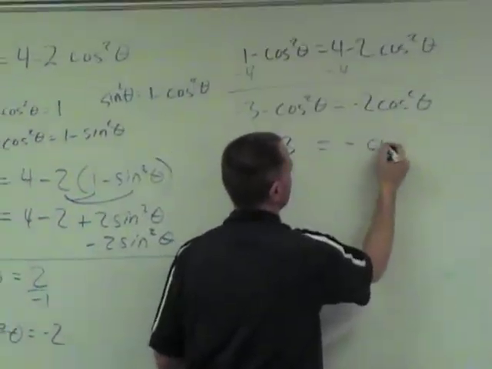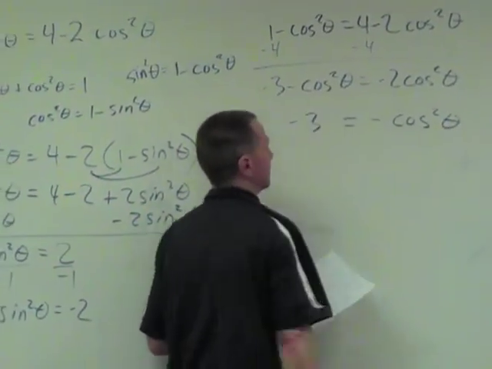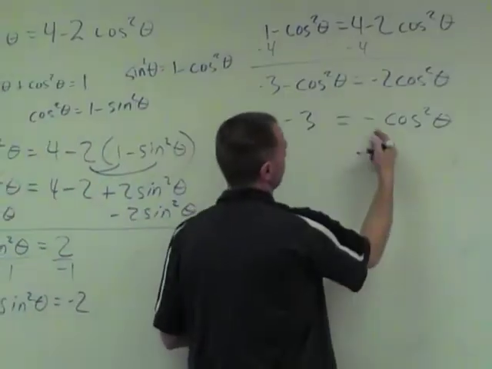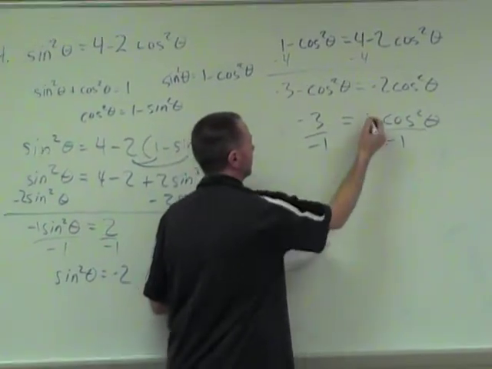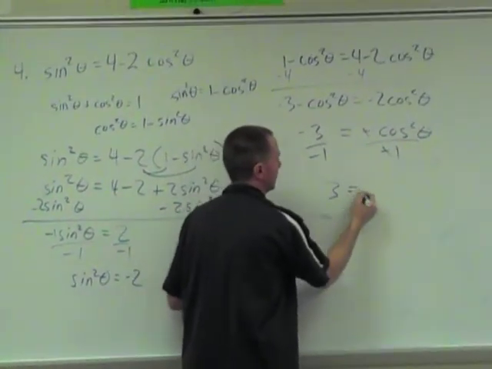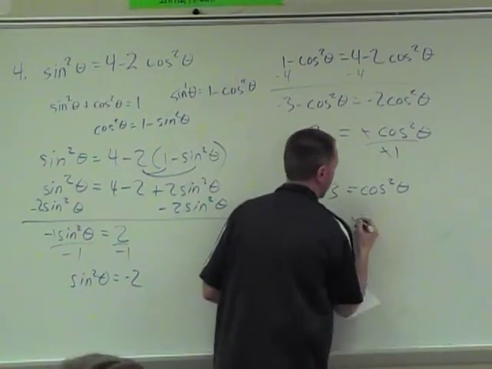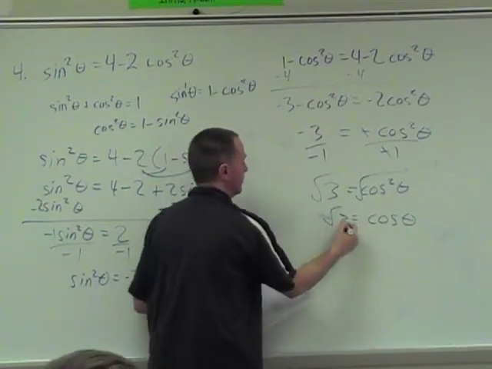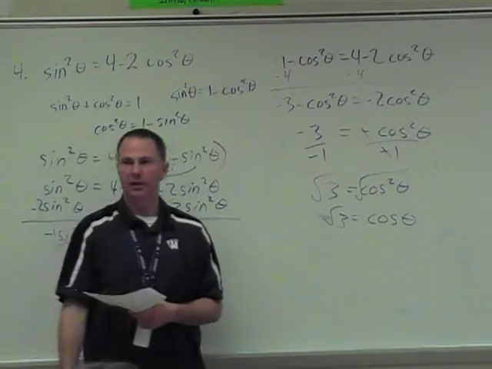And we get negative cosine squared of theta. Divide by the -1. Negatives go away. We get 3 equals cosine squared of theta. Take the square root. When does x equal radical 3?